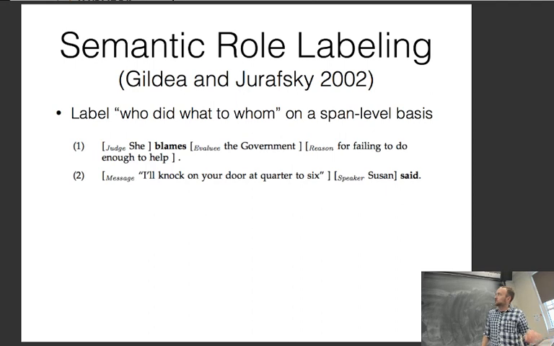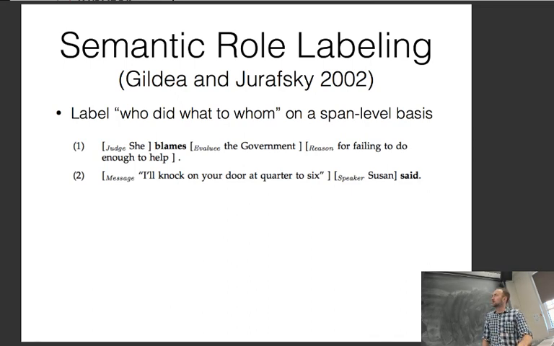And each verb has different roles, basically. So blame has certain roles, eat has certain roles, decide has certain roles. So in a way, this is kind of like an open domain semantic parsing task, but it's open domain in the domain of basically verbs. So you'll have lots and lots of verbs that you don't really know what to do with.